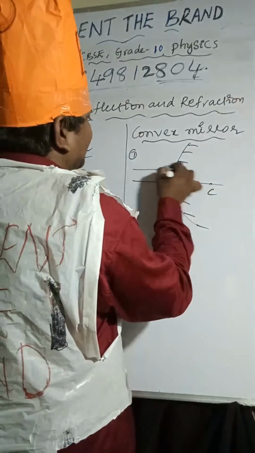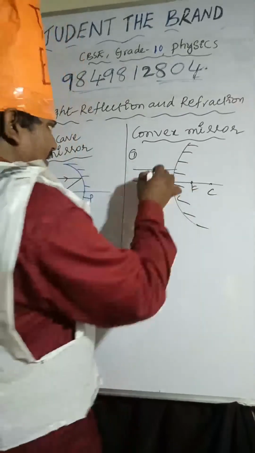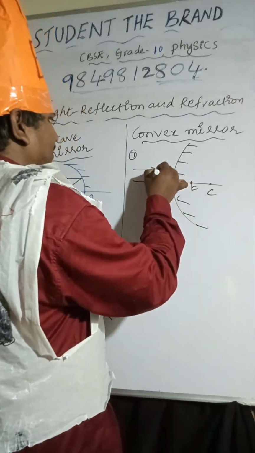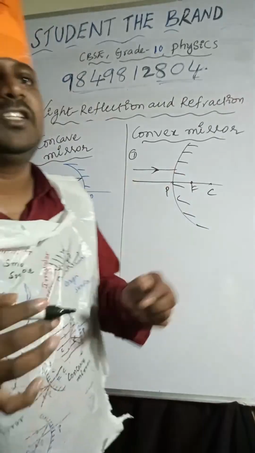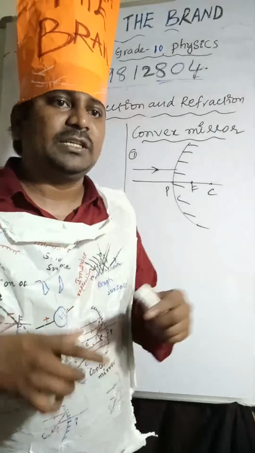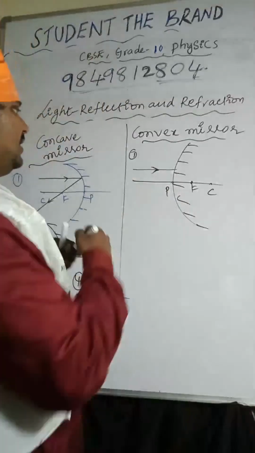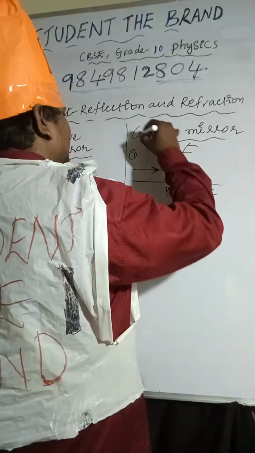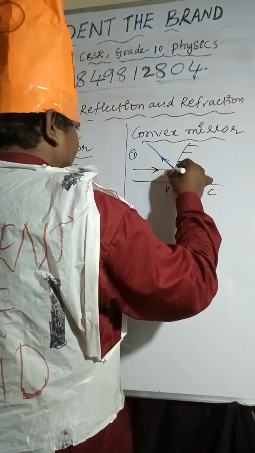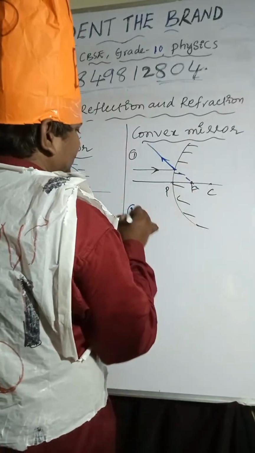Light ray is coming from infinity. After reflection, it passes through focus. Second one.